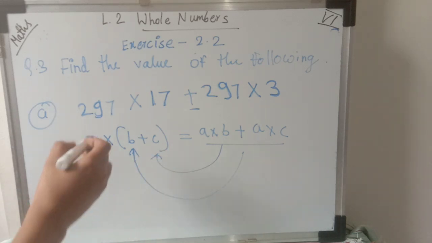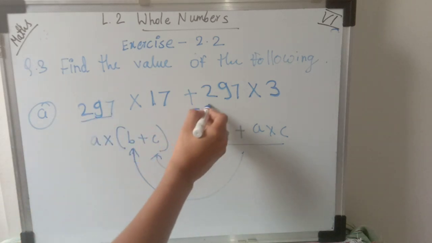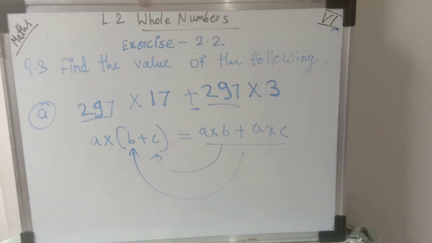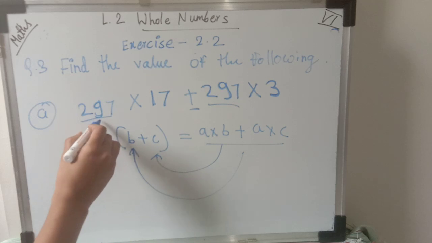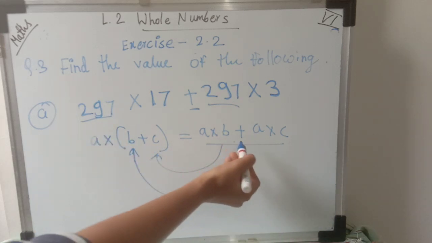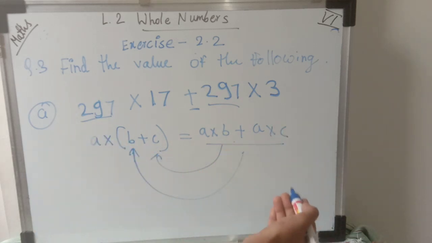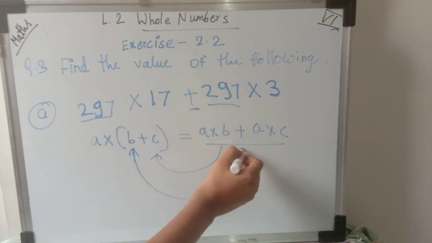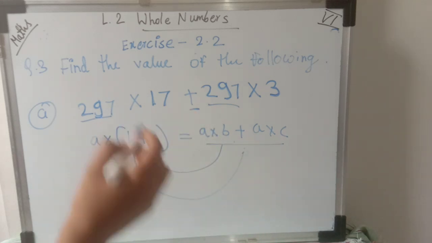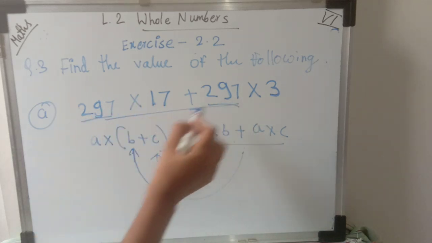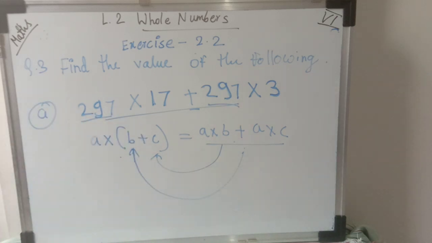So here we have seen 297, 297. The same number has come two times. It means that example is in this form. Whatever the equation I am having in my right hand side and this example in this form, it means what? We have to convert this example in this form and then we have to solve.